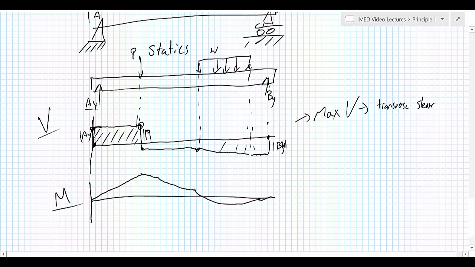Remember that a part doesn't experience transverse shear and maximum normal stress in the same spot. They experience them one at the neutral axis and one as far as you can get away from the neutral axis. So from the bending moment diagram, we're going to want to find the max bending moment.